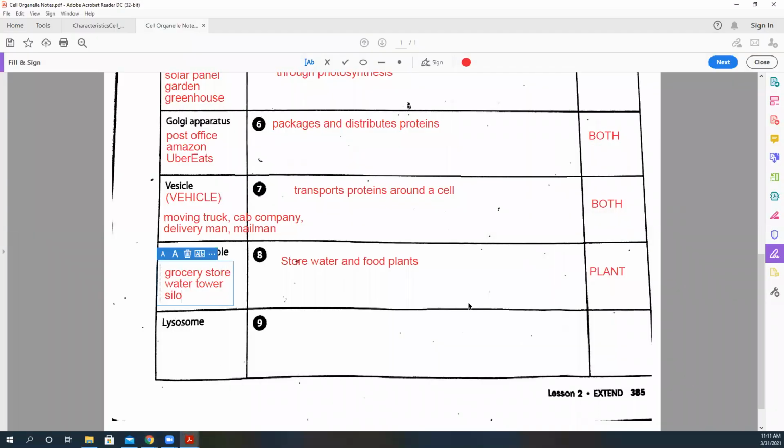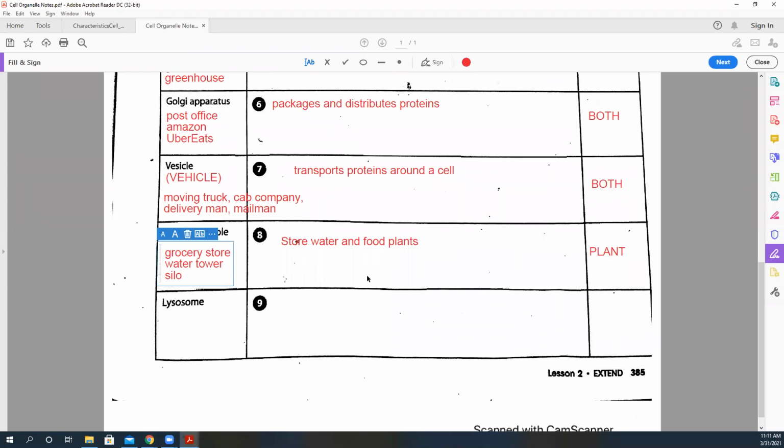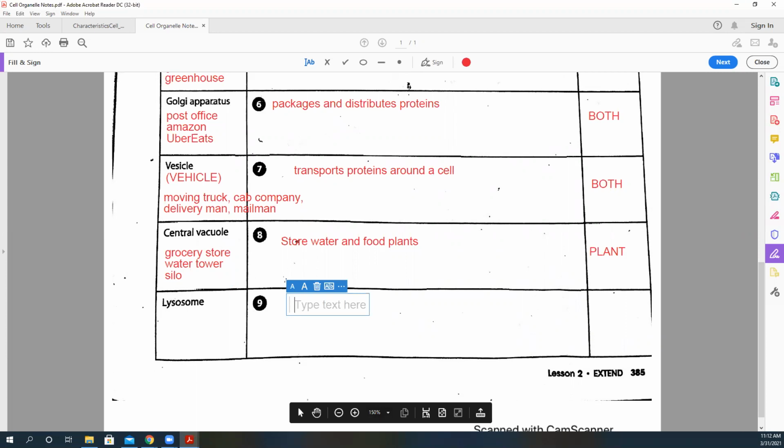That works. And then our last one, yes, ma'am? Okay, that would work. I want you to write multiple examples though. Don't just write the ones you're planning on using. Write multiple so as we explain the project, if you decide to change your mind or your theme, you have some options. And then last but not least, the lysosome.